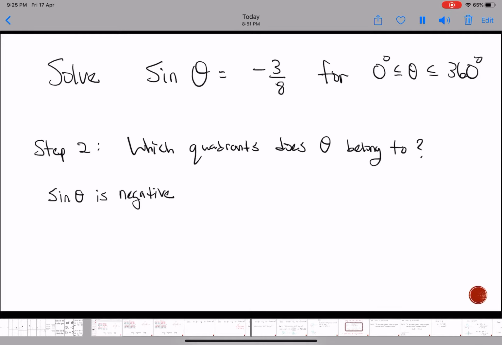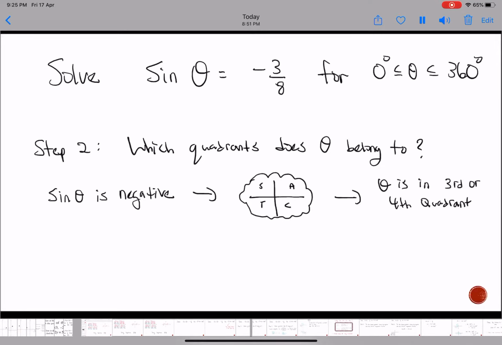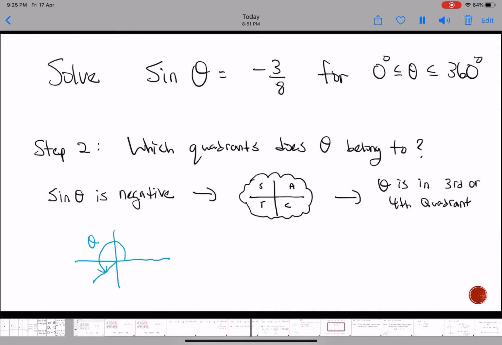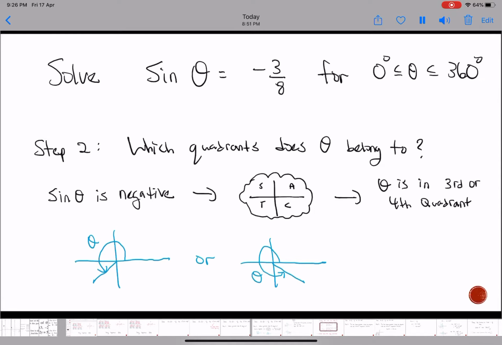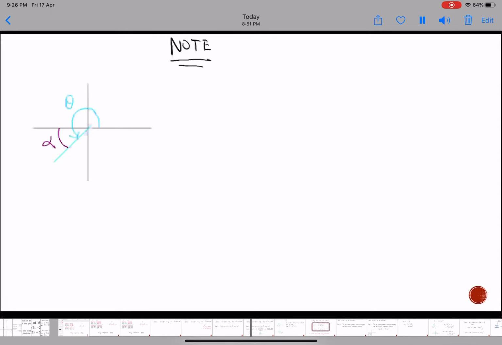Since sine theta is negative, and if you were to think back about ASTC, then it can only belong in the third or fourth quadrant. In the third quadrant, that's how the theta is drawn, and in the fourth quadrant, that is how your theta is drawn. Now note, in the third quadrant, that's how your alpha is drawn.